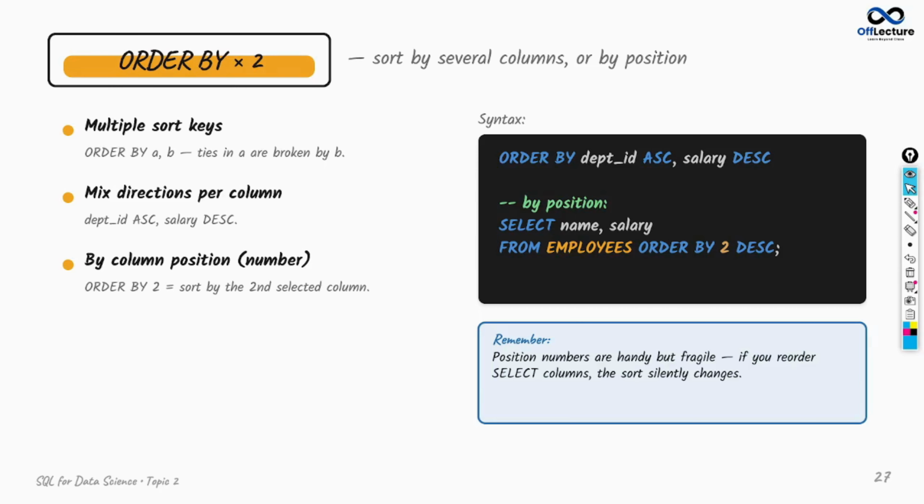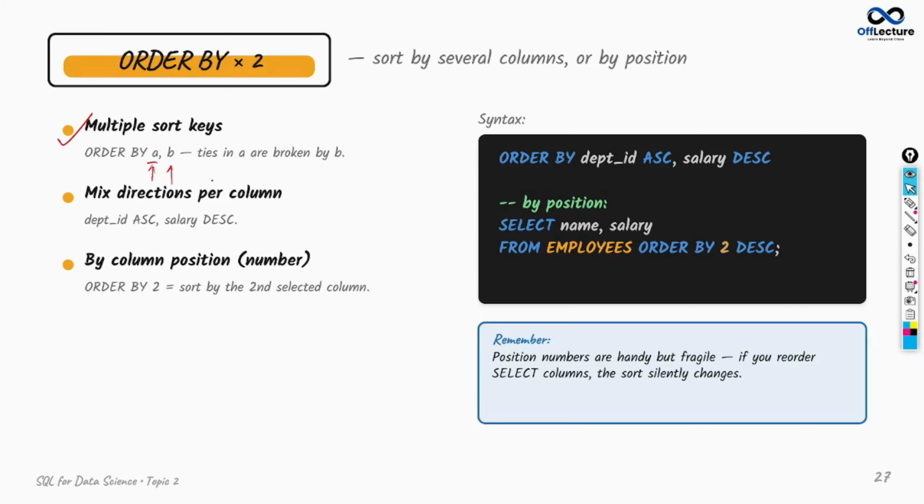Now we will understand order by several columns. You can sort by more than one column, that is, order by using two columns. What it will do is sort your data first by A. Let's suppose you are sorting your data using the A column and B column.